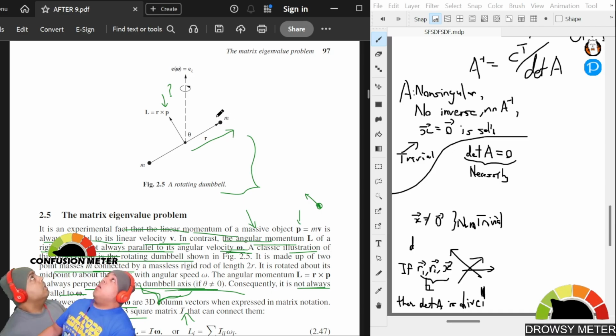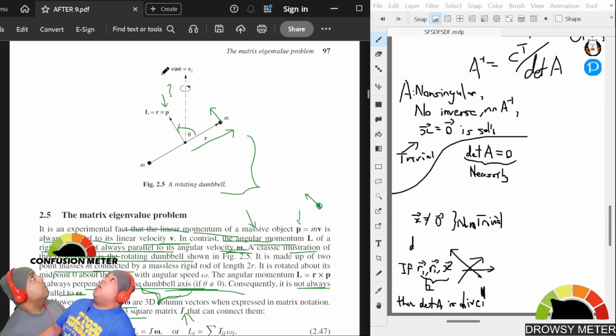P, if you're being rotated like this, in the moment, P should be like this, right? R cross P would be up, right? Why is R cross P here? Unless the diagram is weird.